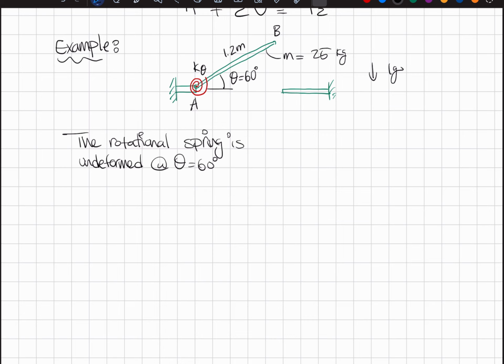In addition, we're told that the rotational spring is undeformed when theta is equal to 60 degrees. From this position, the mass is let go, and gravity starts acting on this mass. What we're trying to find through this problem is some value for K theta such that the velocity of the gate becomes 0 when it reaches theta equal to 0.